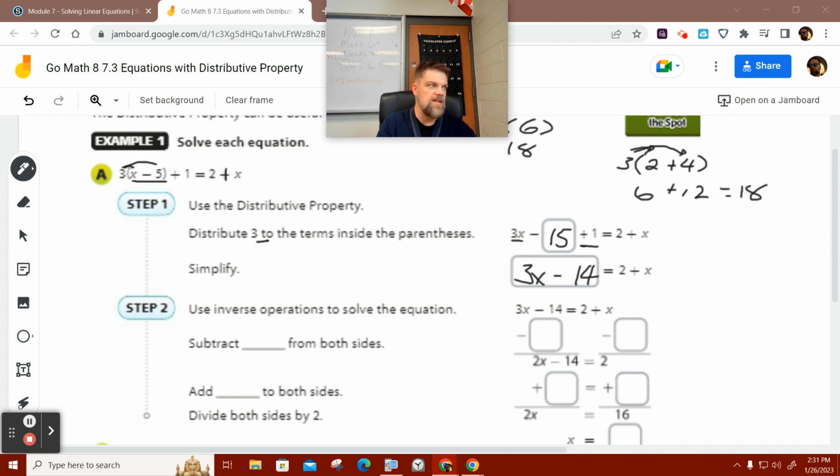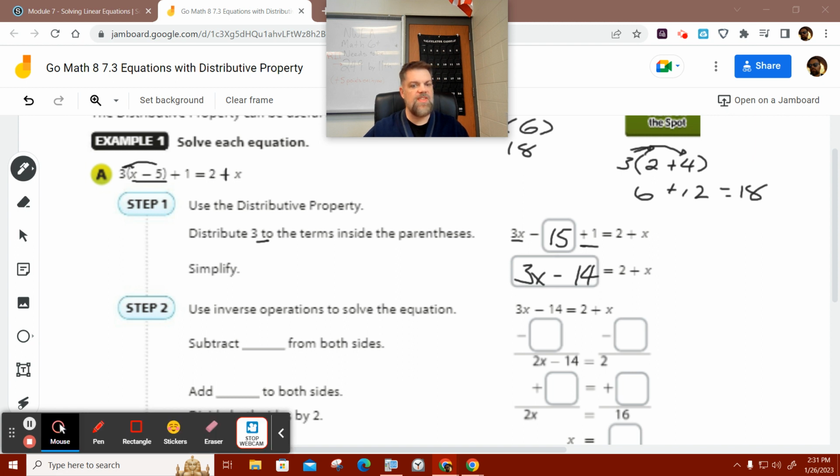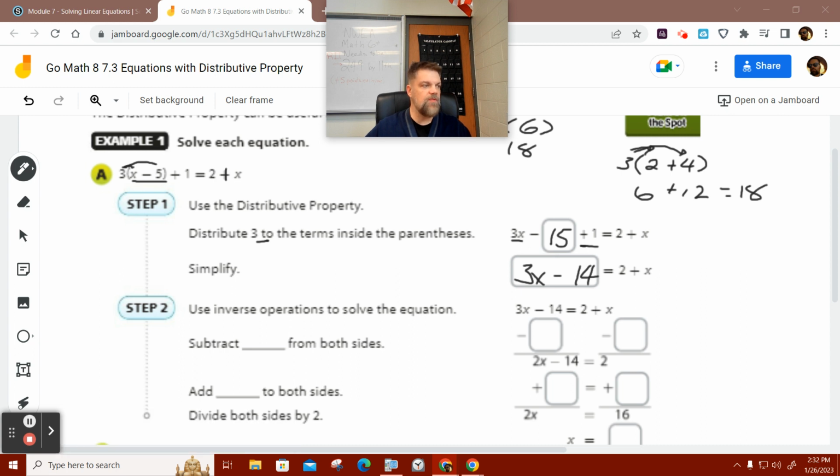I don't know if this confuses you guys or not, but what they want you to think about is that minus 14 is the same. In other words, if I subtract 14, that's the same as adding what kind of 14? A negative 14, right?